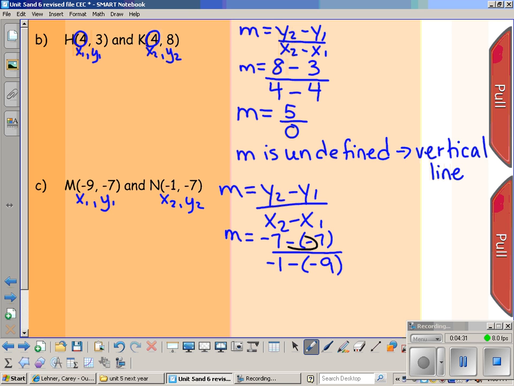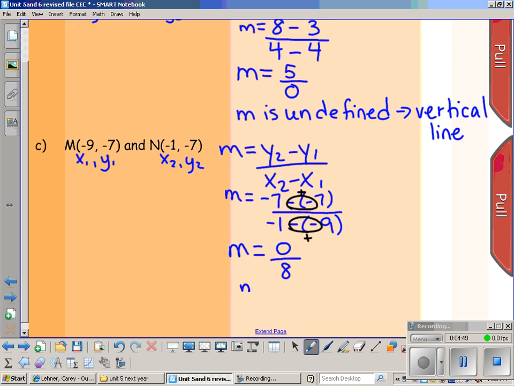When we are subtracting a negative, we end up adding these values together. So we are going to have m equals -7 plus 7 is 0, over -1 plus 9 is 8. 0 divided by any number is 0.